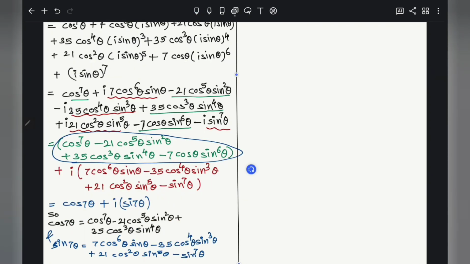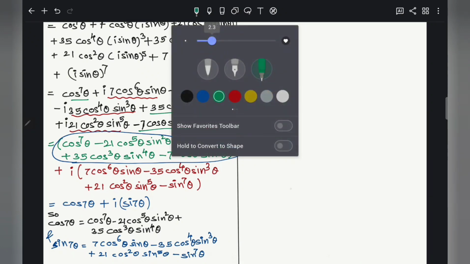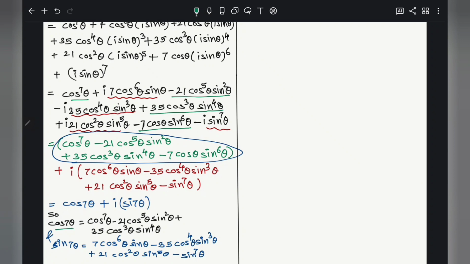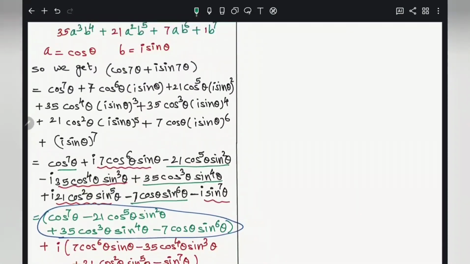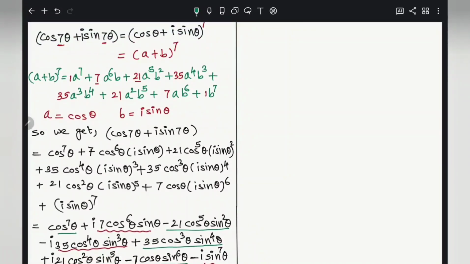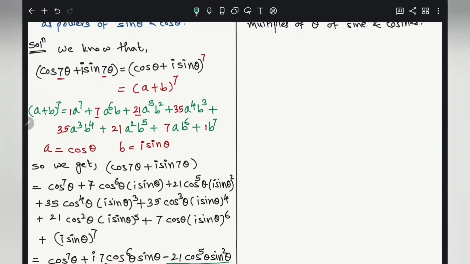So look here, this is the way we have got the answer for our question, that is sin 7 theta and cos 7 theta expressed as powers of sine and cosine. So you would have seen that so easily we can get the answer. Just the key here is to use the first statement of De Moivre's theorem.